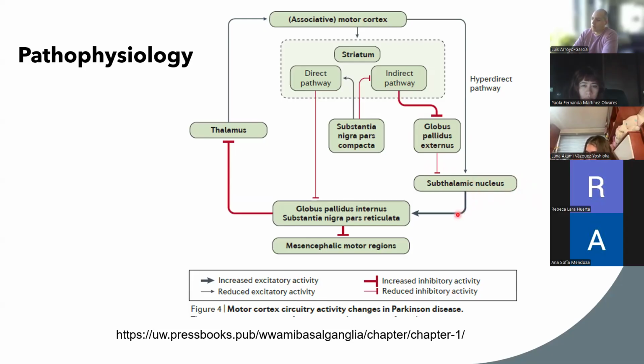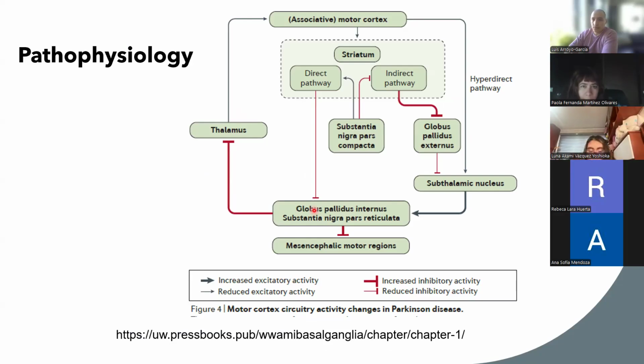We then have increased excitatory activity in this part, which will cause the thalamus to be inhibited, and then the motor cortex will have reduced excitatory activity, which will affect the motor function of the brain.